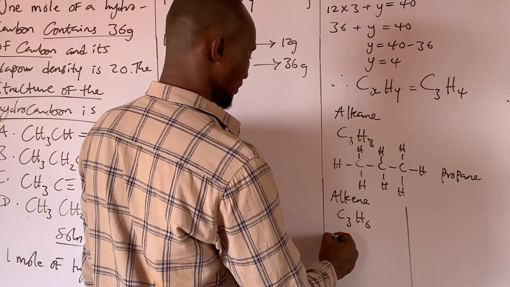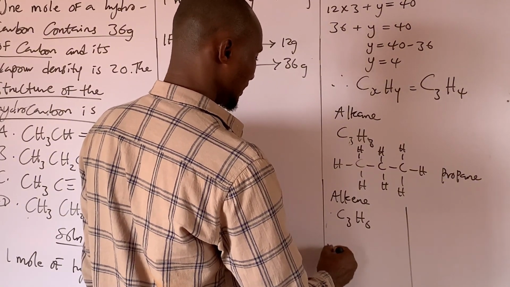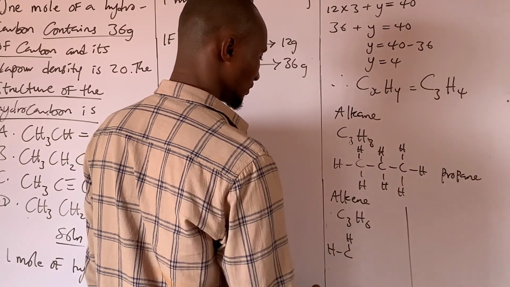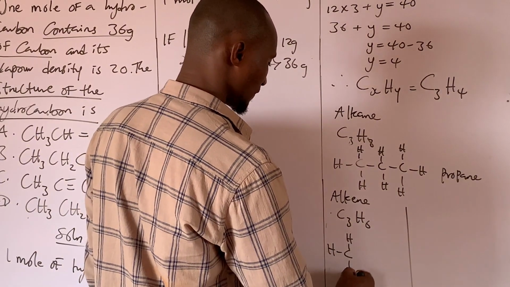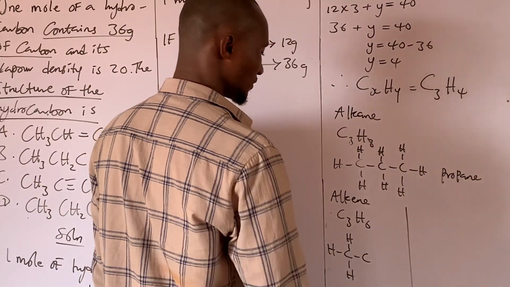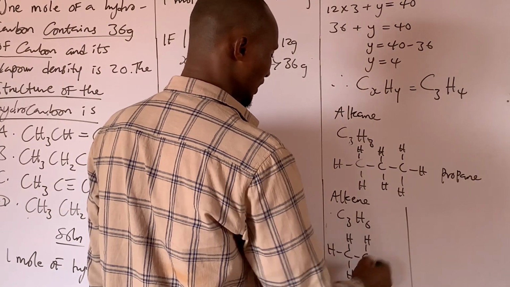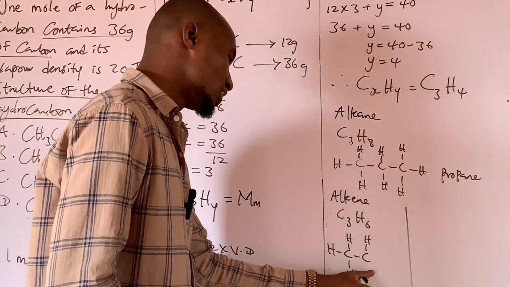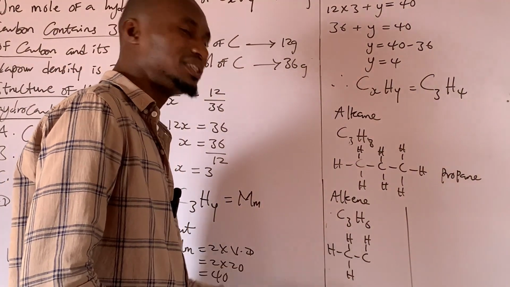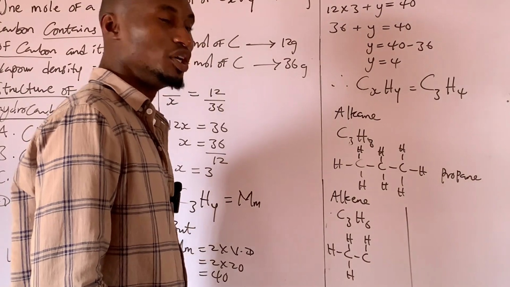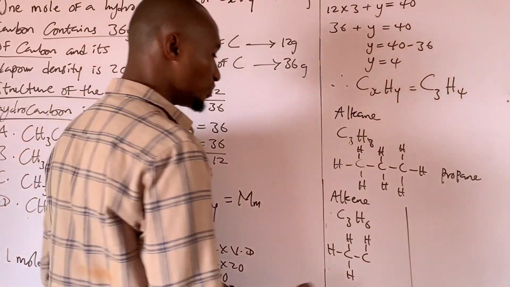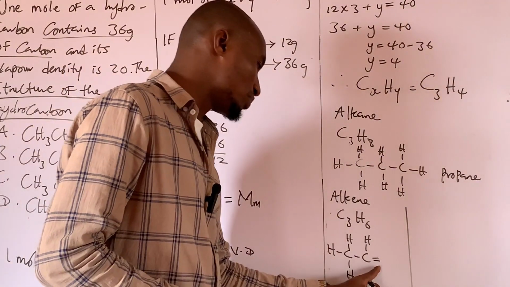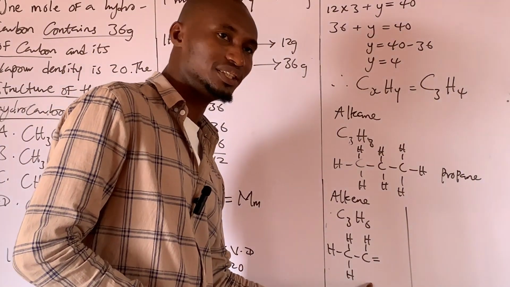That is H C H. So I must put a double bond either here, or remove one hydrogen and put it here. Either here or there, but let me put it here. Now I'll put the double bond. Because of the presence of this double bond here, I can't put another hydrogen here again.